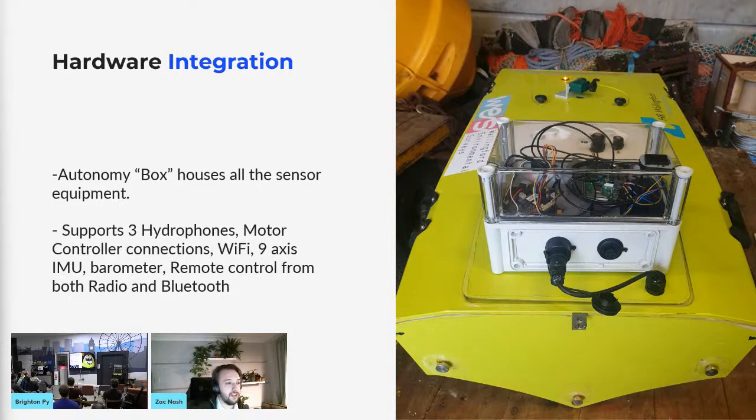So we have the support for the hydrophones. We have the motor controller connectors, which go into the boat. We have Wi-Fi, an IMU, barometers, remote control for both radio and Bluetooth. So as part of one of those emergency states, we can take over using the original system. But ideally, we want to be using Wi-Fi or something like that to control the boat.